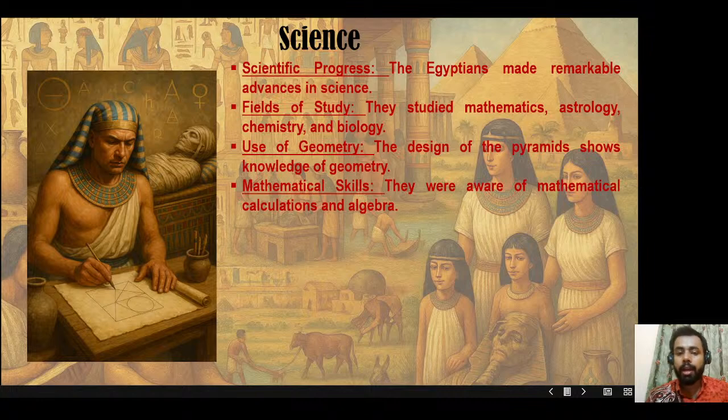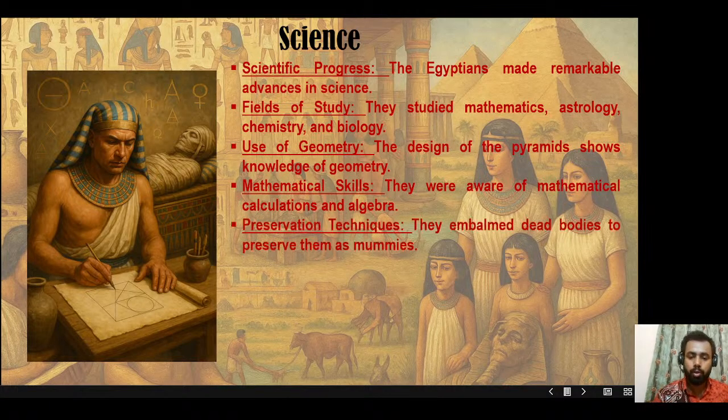They were aware of mathematical calculations and algebra. They knew basic mathematical calculations. Not only basic, they were experts in mathematical calculations, and they also had an idea about algebra. You are in class 6 right now. You already know how algebra works. So they had basic knowledge of algebra too.